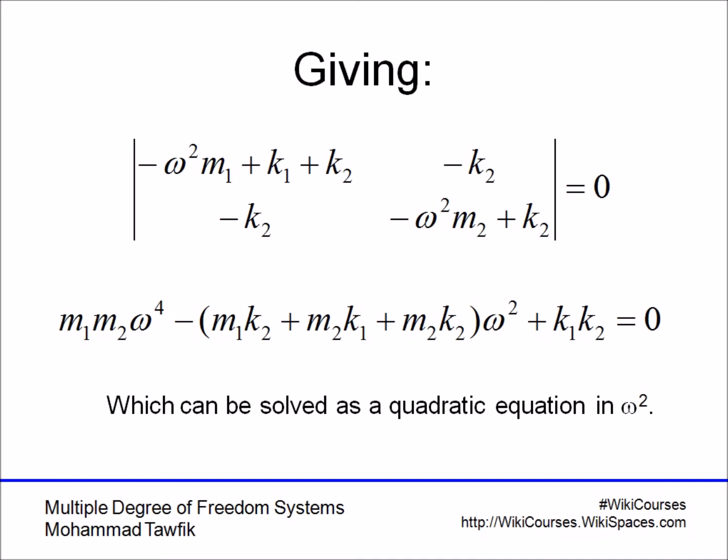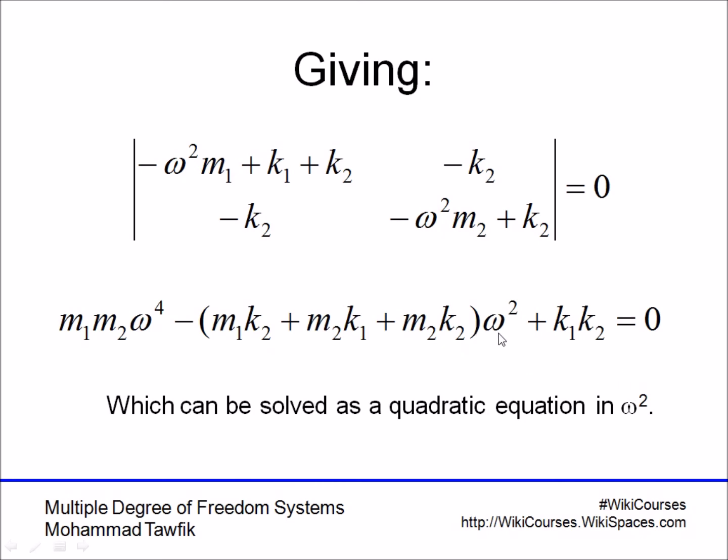The determinant will create a second order polynomial in omega squared. Notice here that omega to the 4, omega squared, and omega to the 0 are the terms that appear. So we are going to handle this characteristic equation as a second order, or quadratic, equation in omega squared.